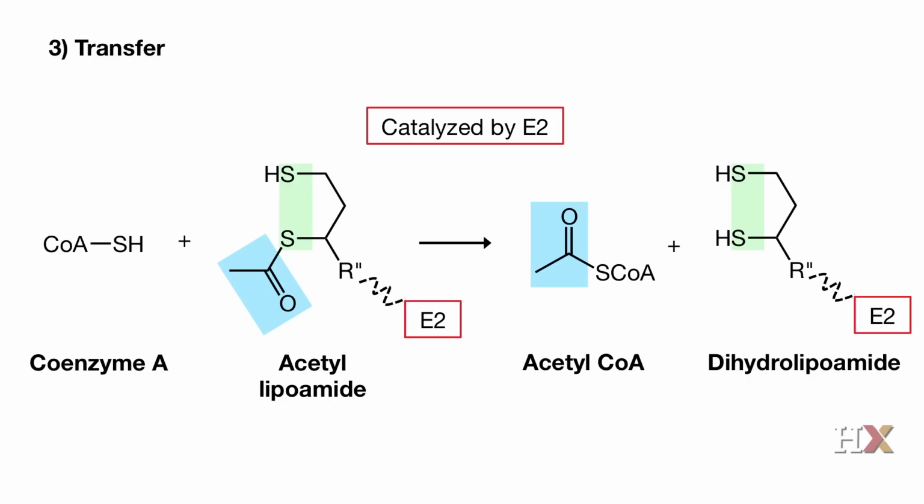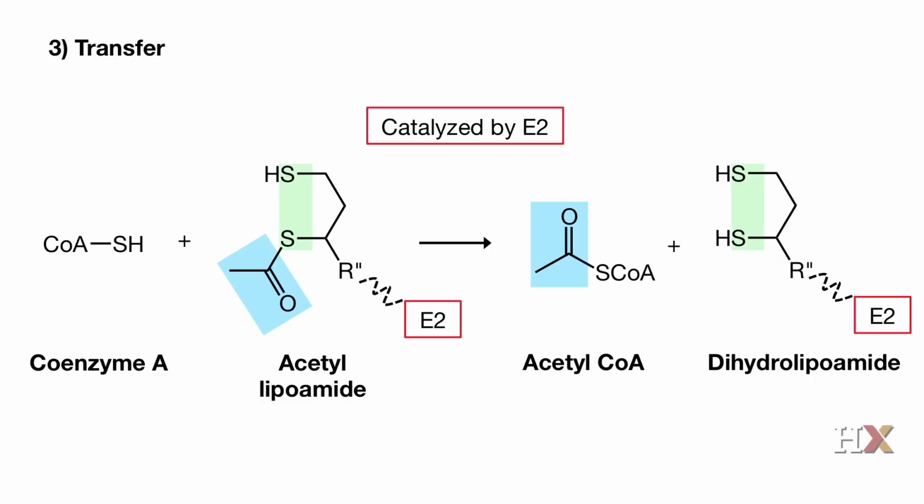This reaction is catalyzed by E2, and the transfer is made possible because the acetyl lipoamide has a high energy potential due to the thioester bond. So one thioester bond is broken during the process, but one new thioester bond is formed between the transferred acetyl group and coenzyme A.